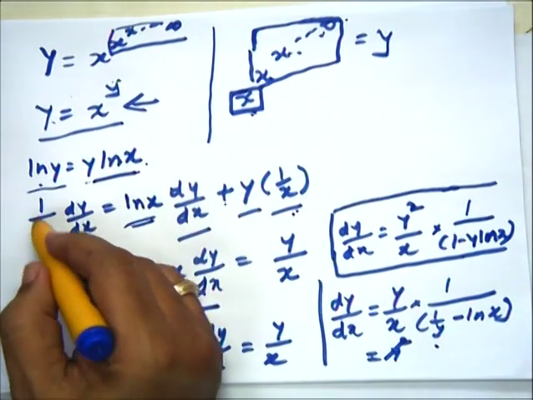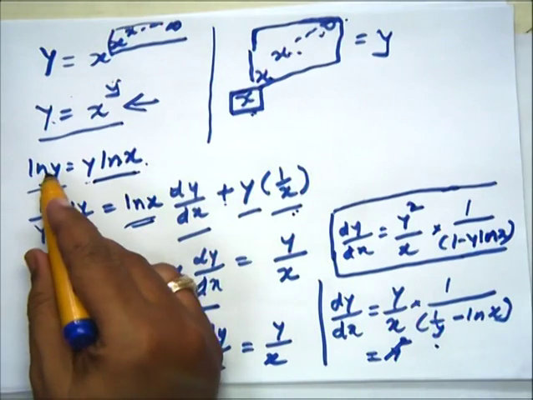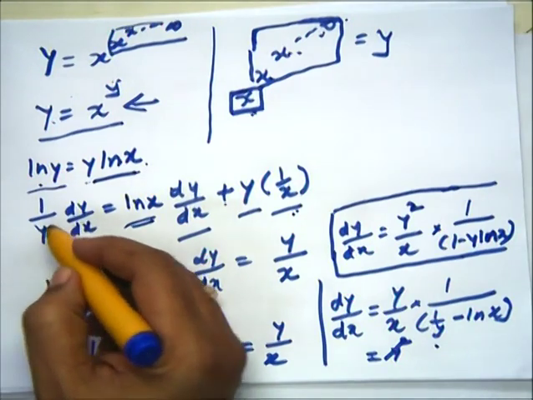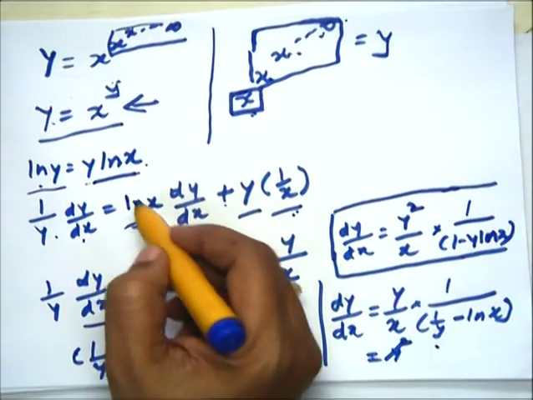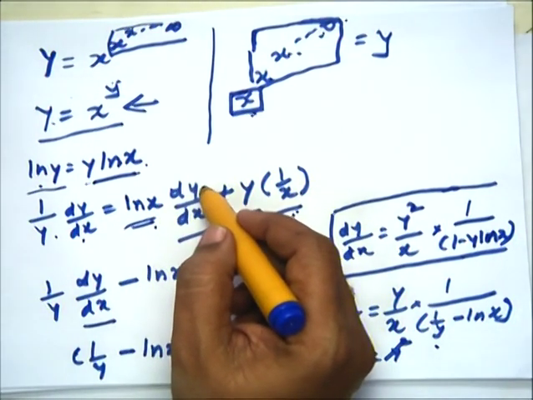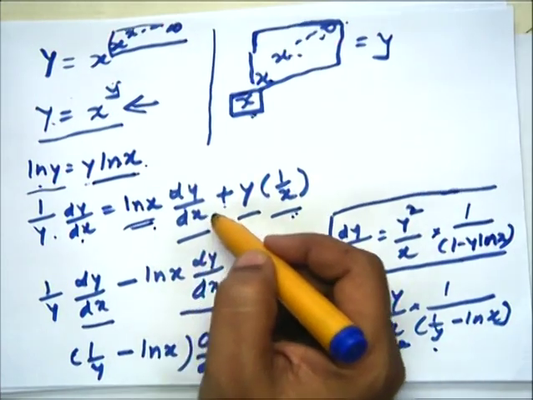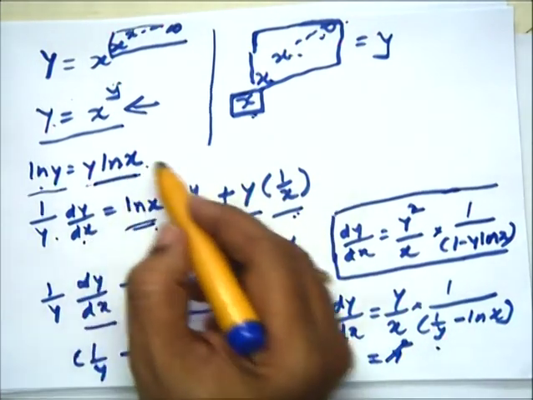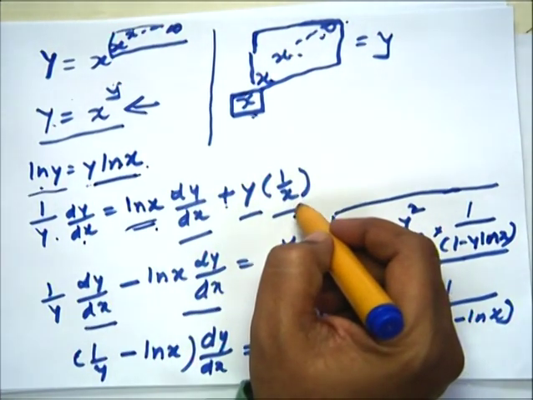Now 1 upon y dy by dx, that is derivative of log y with respect to x, is equal to log x as it is into derivative of y with respect to x plus y as it is into 1 upon x.